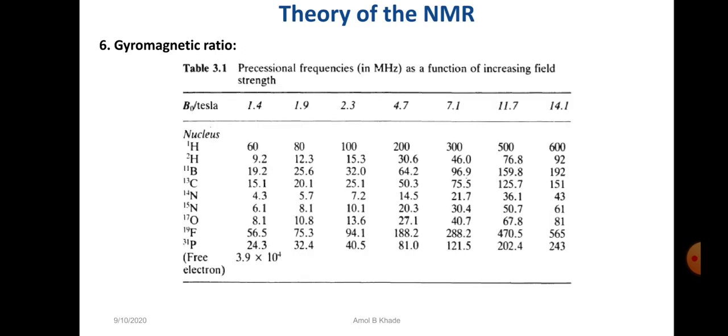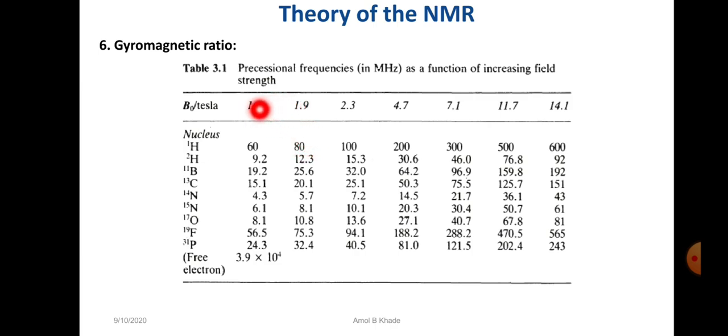Now again we can see the relationship between nu and the applied magnetic field. For example, for H1, if I take 1.4 Tesla as B0, then the precessional frequency is 60 MHz. As I increase from 1.4 to 1.9, the precessional frequency increases.